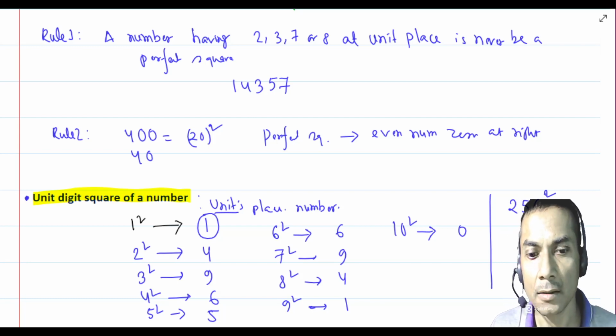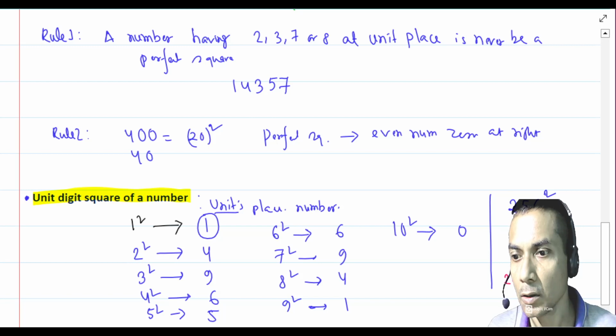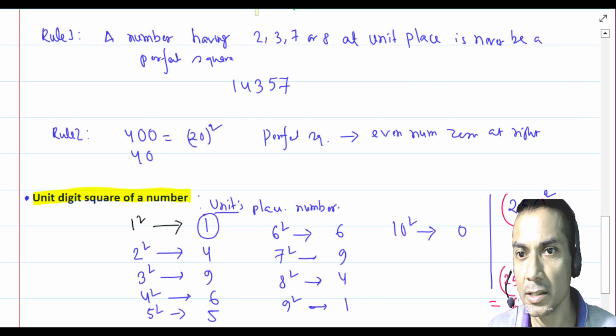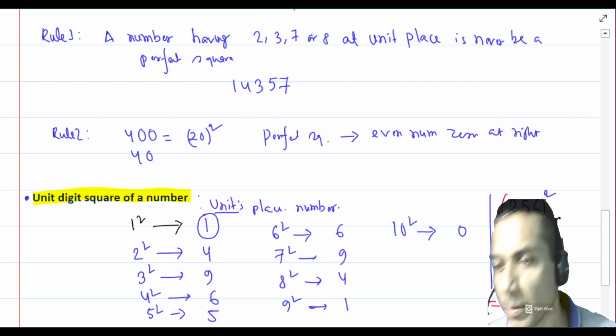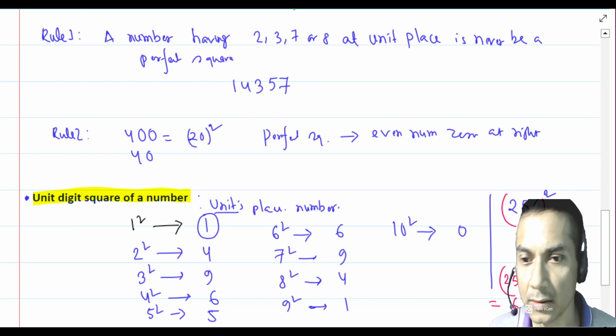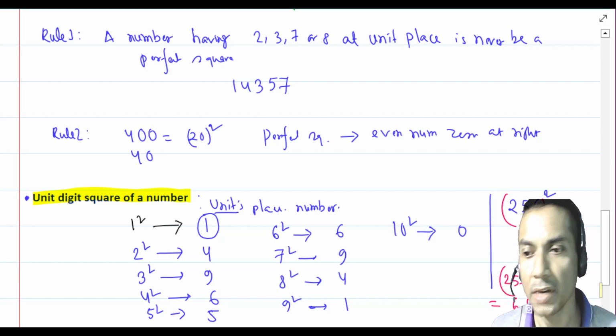Let's check it. 256 square is equal to how much? 65536. So it is very easy to find the unit place number, that is 6, clear. So from this chart we can find the unit place number of any square.